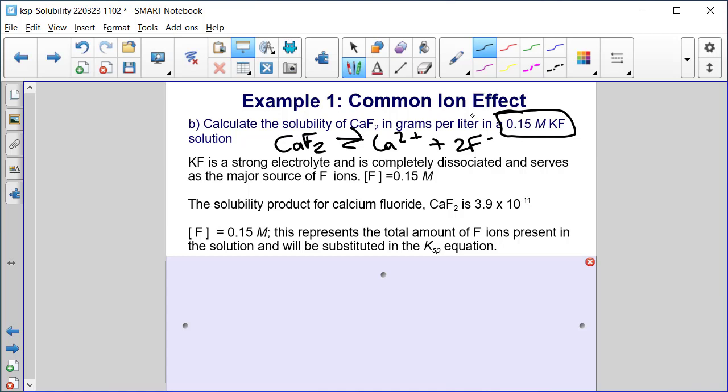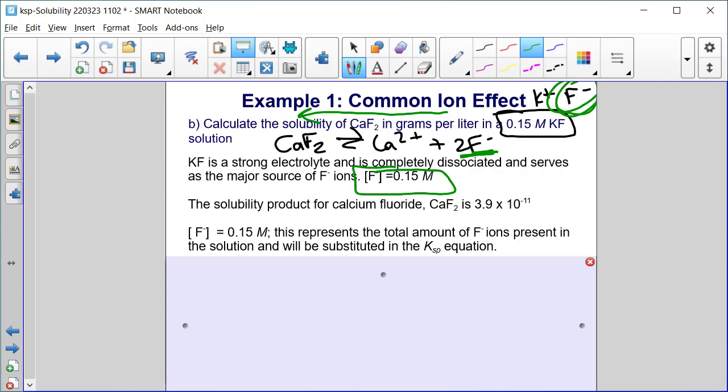It will completely dissociate into ions K+ and F-, so it is a major source of fluoride ions. What happens if we greatly increase the concentration of the fluoride ions to this 0.15 molar? We would expect the equilibrium to shift to the left and decrease the solubility of the calcium fluoride.